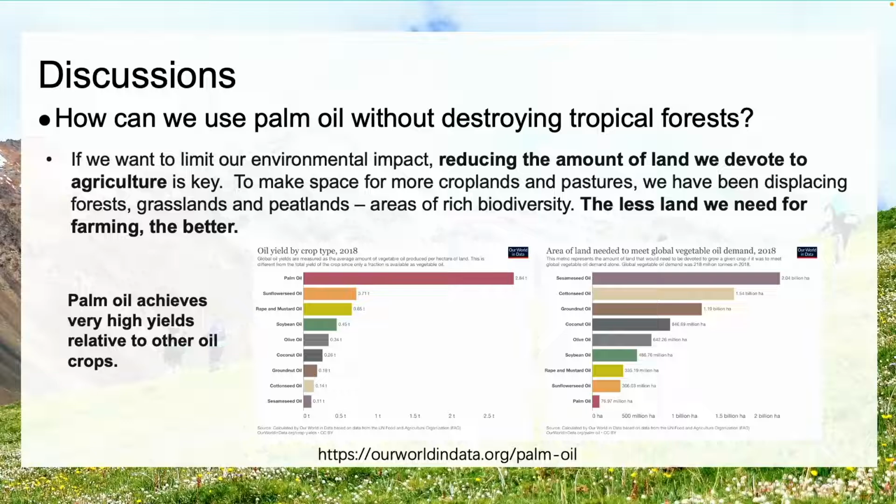So to reach the demand of people, if we all use palm oil, we just need very few areas to plant palm oil. But if we use others, that will need more land.